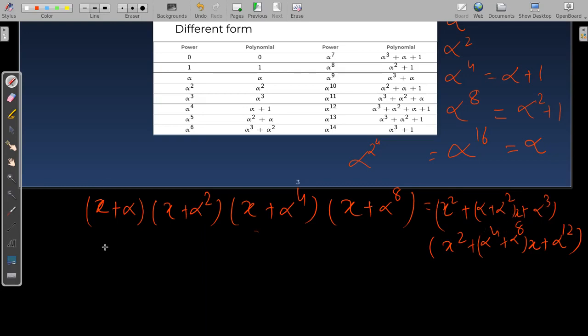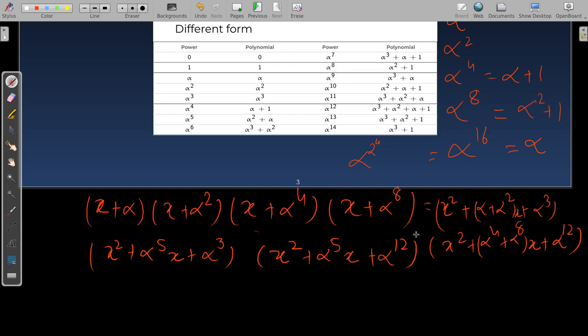So this is basically going to be equal to (x² + α⁵ x + α³)(x² + α⁵ x + α¹²), right?